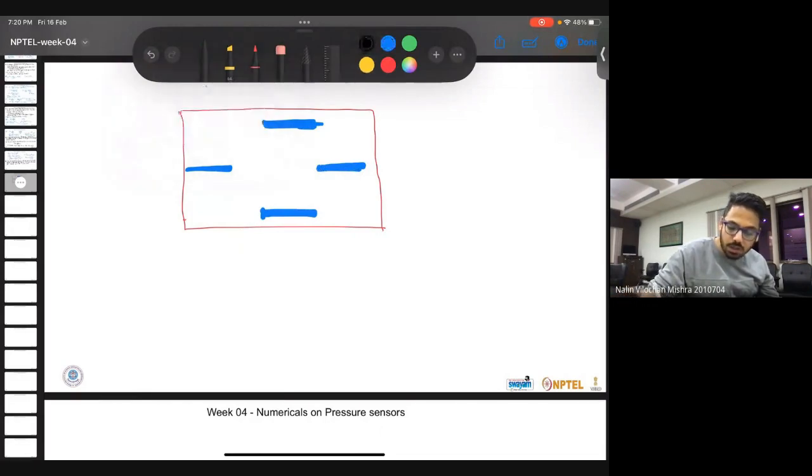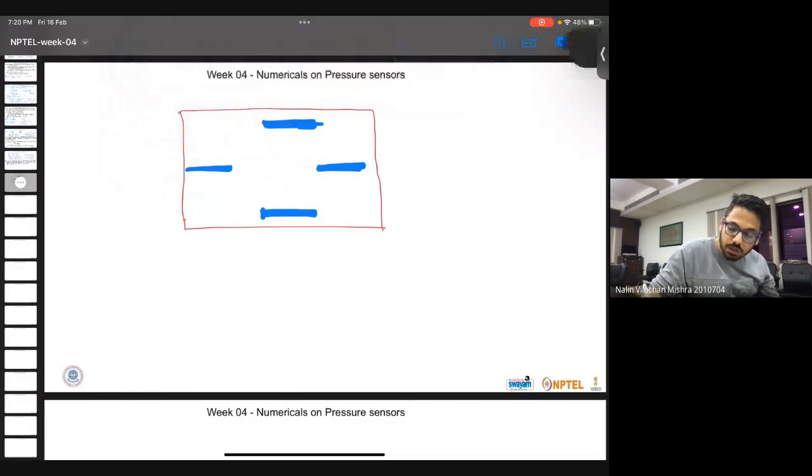These resistors are connected with each other, something like this.